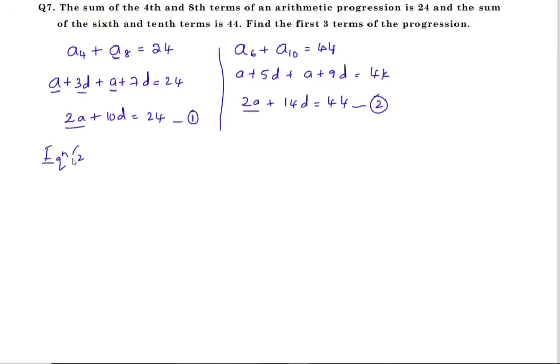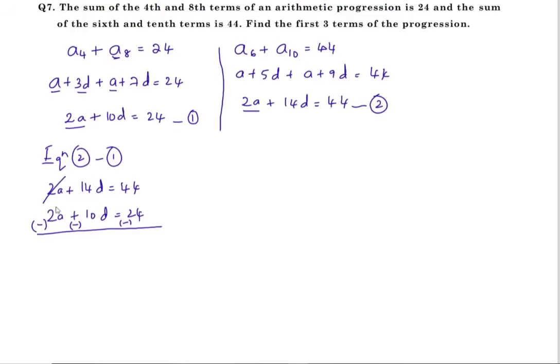Equation 2 is 2A plus 14D equals 44. Next, 2A plus 10D equals 24. Since I am subtracting, in the subtrahend all the signs will change: plus becomes minus, 10D becomes minus 10D, plus 24 becomes minus 24.